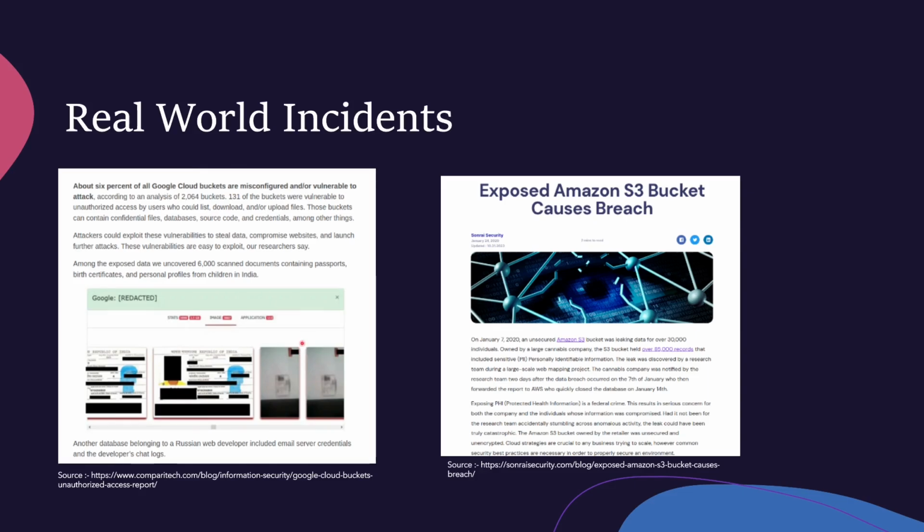Those are things we need to be wary about, things that happen in the actual world. There was also a case where PII, personally identifiable information, was leaked, and I believe it was also protected health information. So these are things that actually happen, and quite frequently.